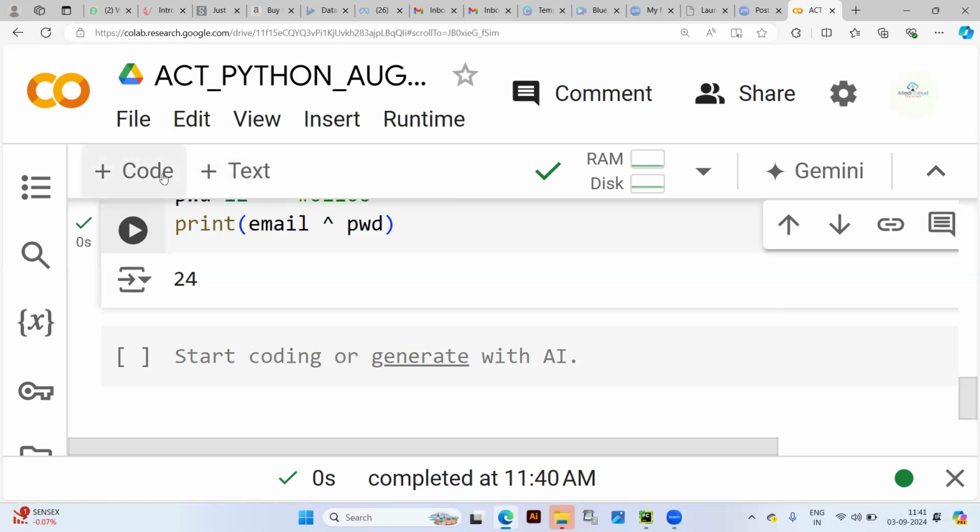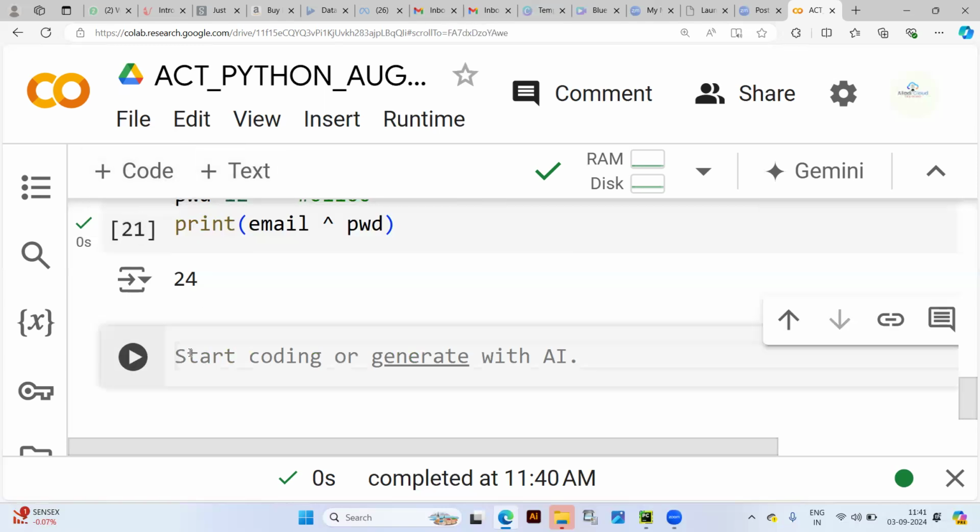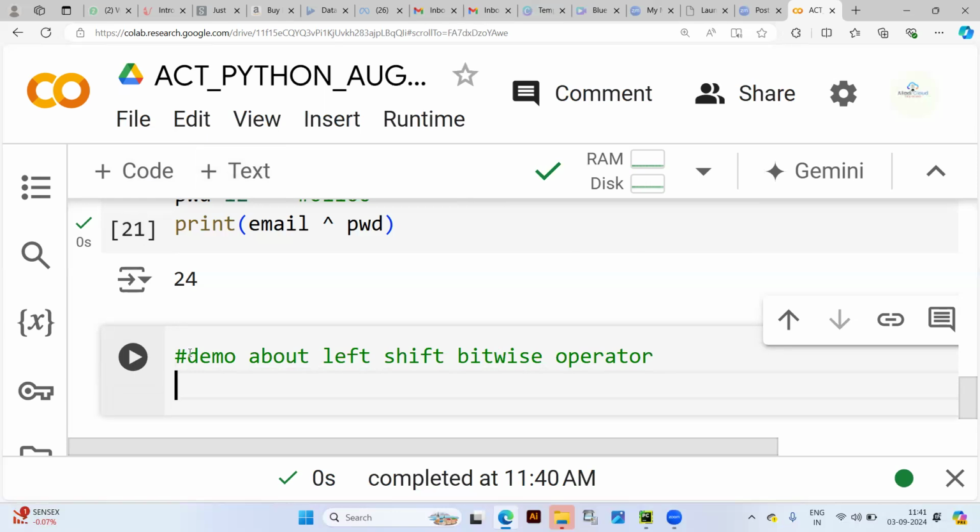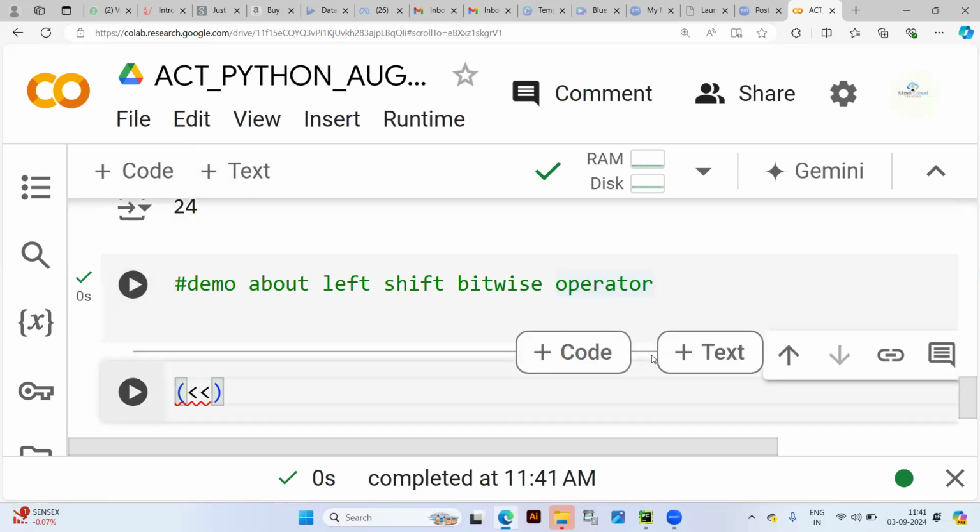So next is that there is an operator, let's talk about the left shift operator, bitwise operator. Left shift bitwise operator. What is that left shift operator?